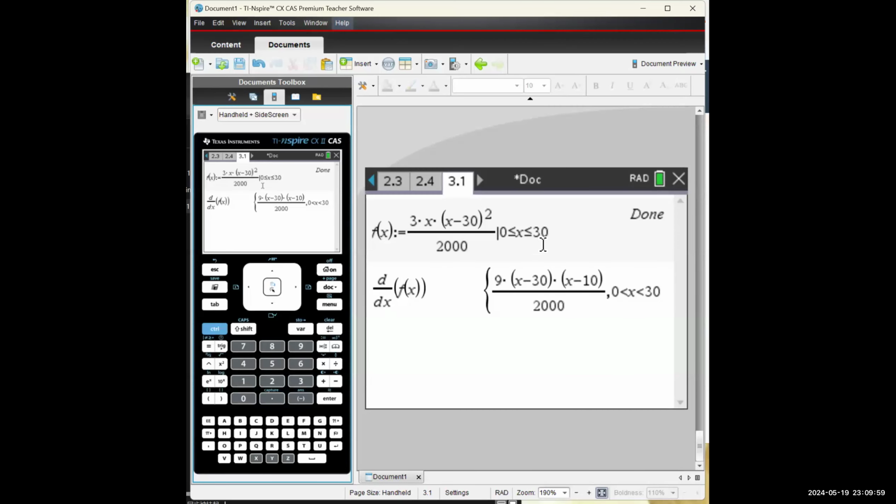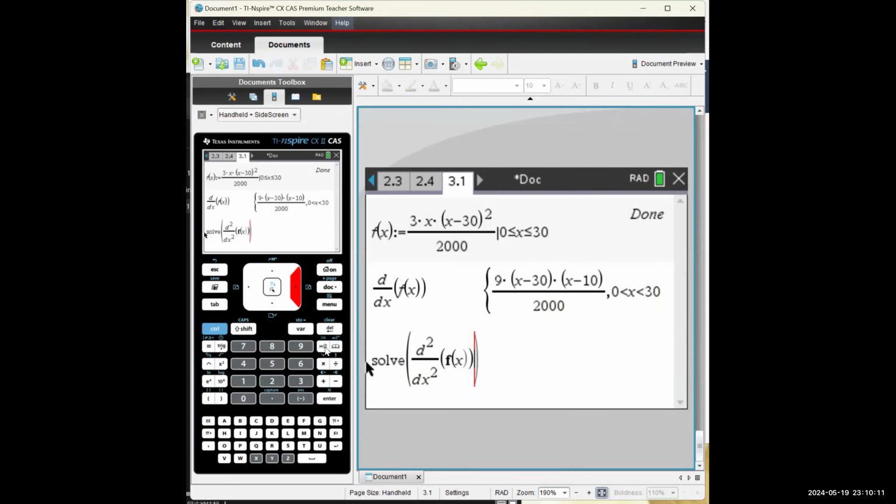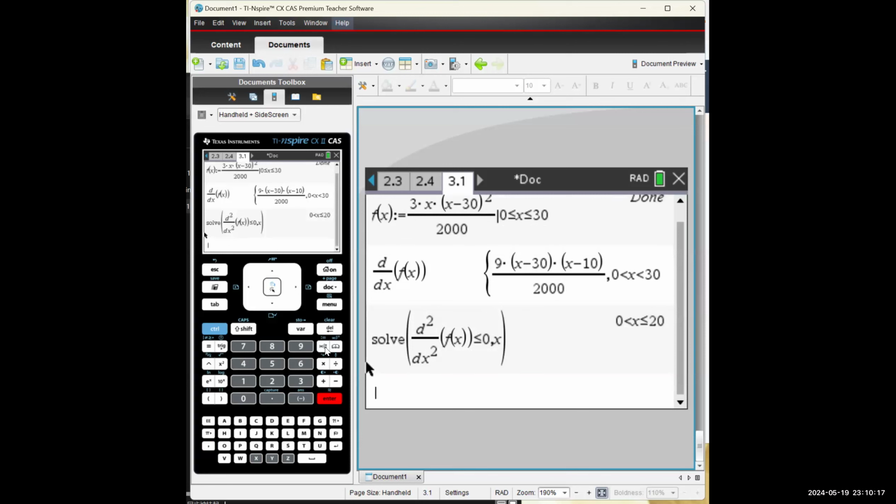It's handy that I've defined f of x together with the domain restriction. So I will just solve the second derivative of f of x, because I want the gradient to be strictly decreasing rather than the original function. So that gives me 0 to 20. Notice that 0 is excluded in the domain, all right? So that is the intended answer, I suppose, 0 less than x less than or equal to 20.